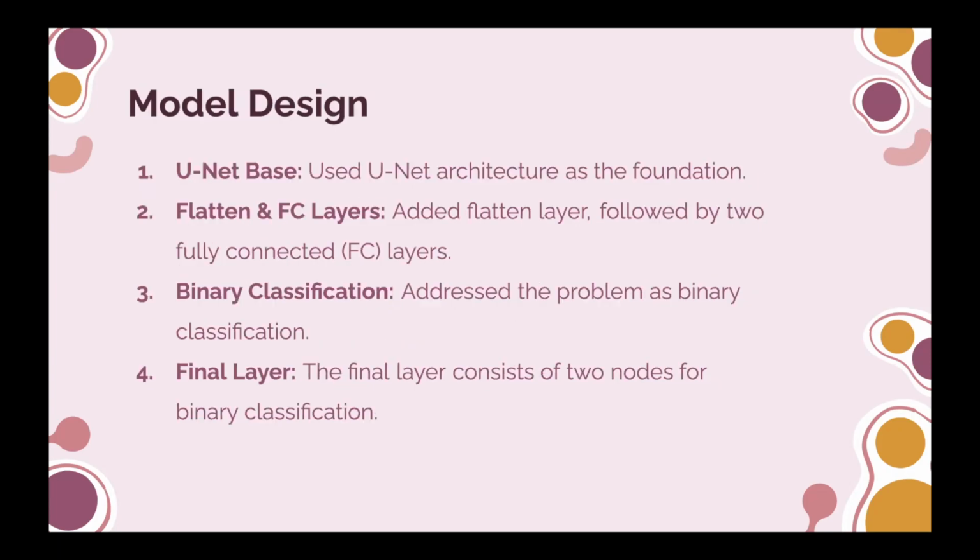Coming to the model design. Our model is a U-Net which is connected to a flattening layer, which is then connected to two further fully connected layers. There are two nodes in the final layer, which will determine whether the provided input image has melanoma or not.